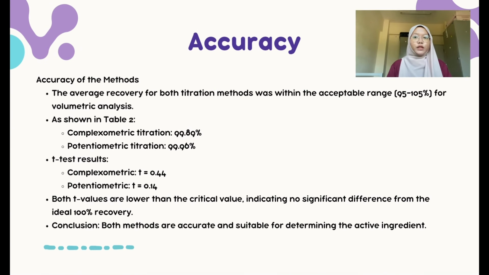Next, we move to accuracy. Accuracy refers to how close a measured value is to the true or accepted value. In this study, accuracy was evaluated through percentage recovery. The average recovery for both titration methods was within the acceptable range of 95 to 105% as recommended for volumetric analysis.